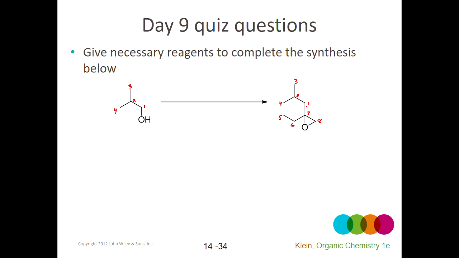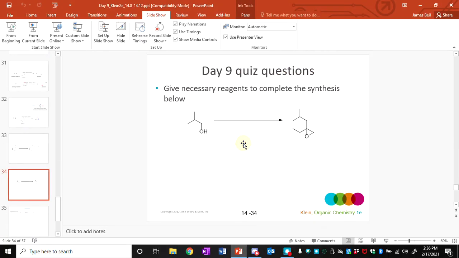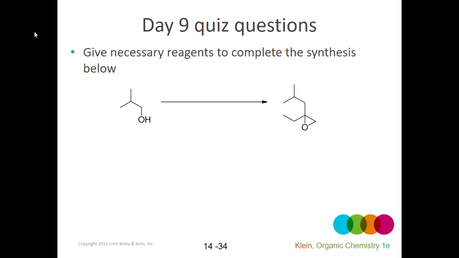So what I need to make here is a new carbon-carbon bond similar to the last problem. So I need to make a new carbon-carbon bond between carbon 1 and carbon 7.